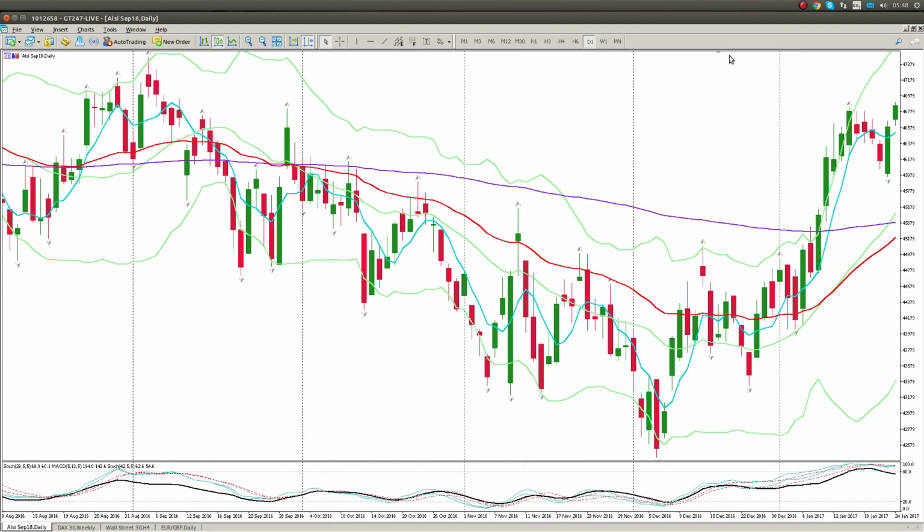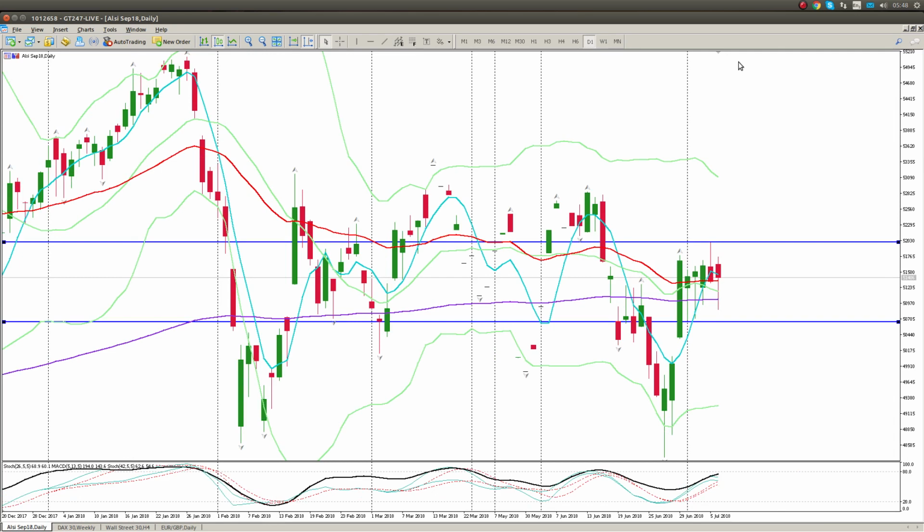Let's just get down to daily. So you can see the weekly range top and bottom is pretty much still inside the single daily candle. So that's a whole week pretty much that we traded inside one day's candle.